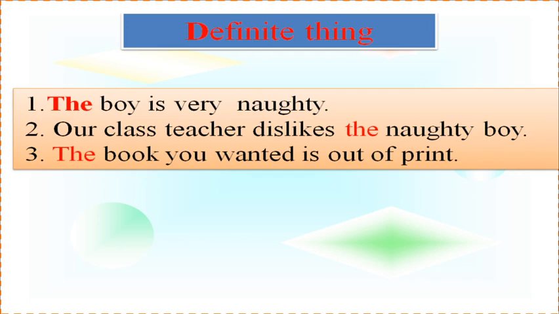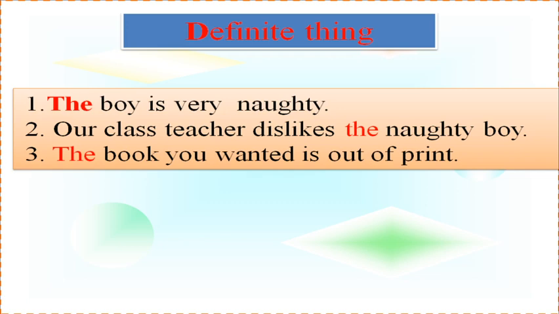The is qualifying, right? Boy is naughty. So it's qualifying this noun, right? So here the will be used. It only measured, it only defined this naughty boy, right? The book you wanted is out of print. Which book? That means I am referring to that book, right?